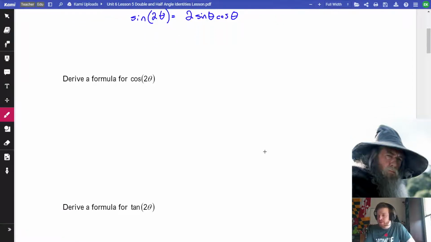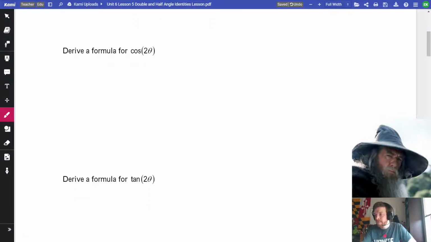Let's get a cosine 2 theta. So cosine 2 theta, we're going to prove it in a very similar way. Cosine of theta plus theta. And for cosine, it's cosine, cosine, sine, sine.